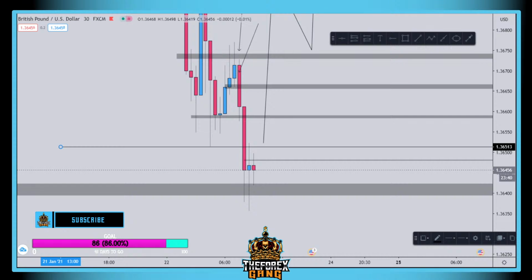Sorry, come again. Yeah, if this comes up and breaks the high and then closes bullish, once it closes, I would want to enter for a buy to continue going up. Then we have a support and a confirmation.